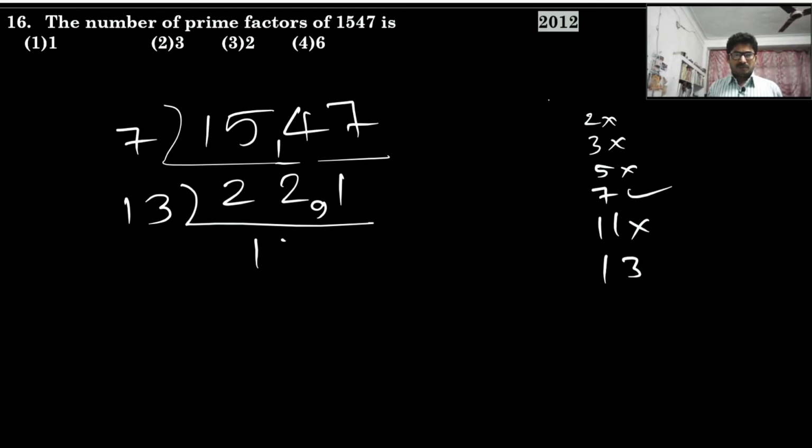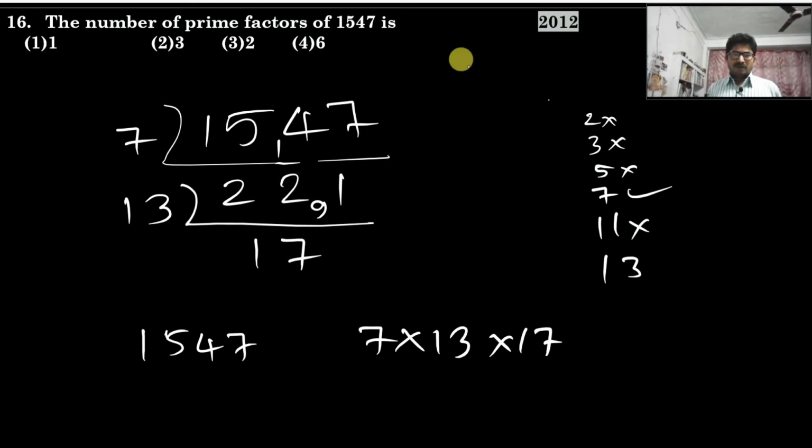So the prime factors of 1547 are 7 into 13 into 17.